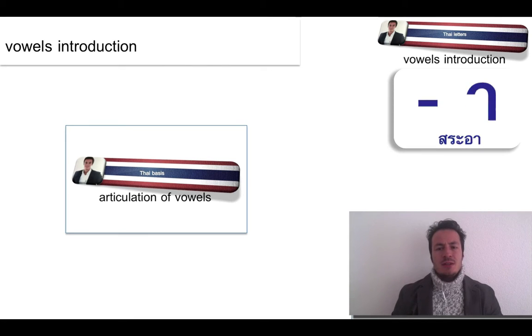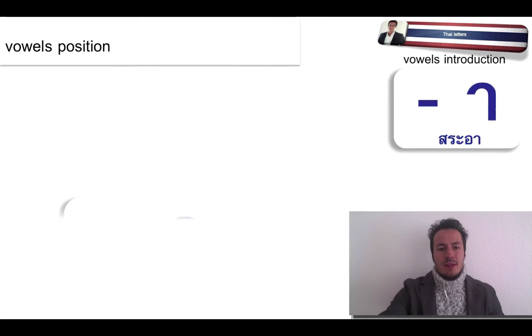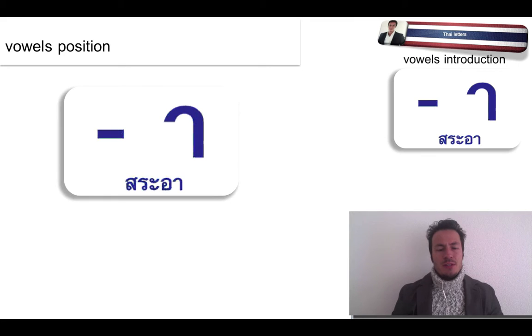Now, each lesson, of course, introduces you to a new vowel which will be displayed in one of these cards on the top right corner of the screen. On this card, what you see is, first of all, a stress mark in blue and then a vowel. This stress mark is a placeholder for consonants. So each vowel in Thai comes together with a consonant.